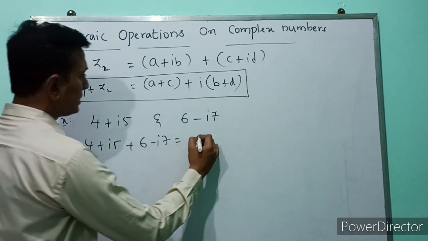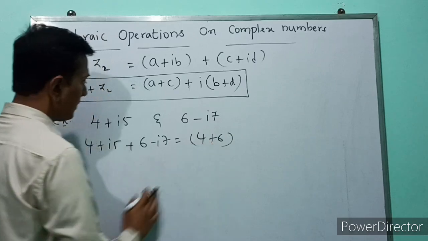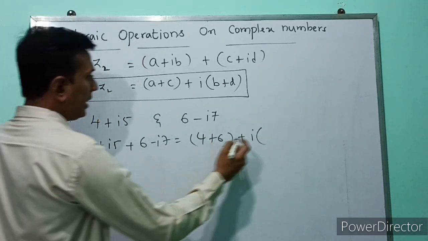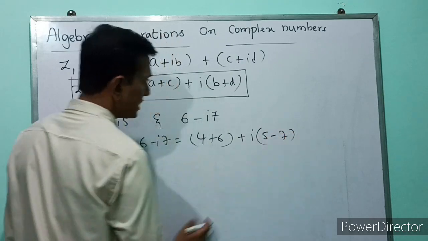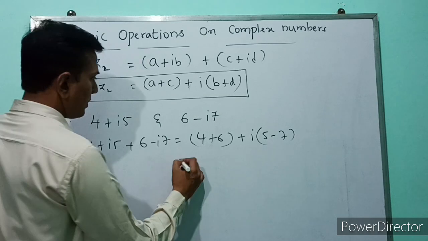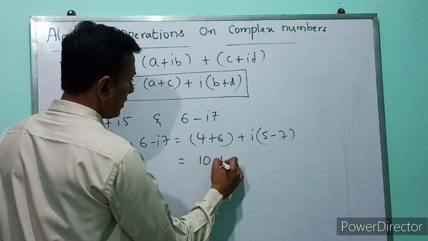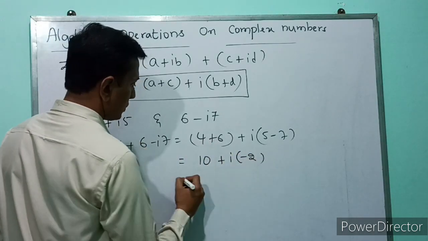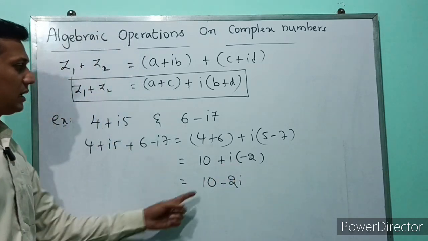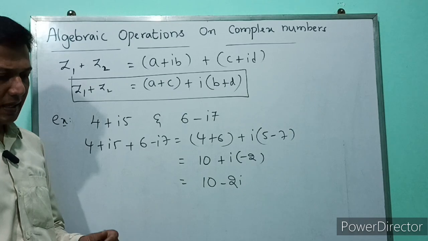The real parts are 4 plus 6. For the imaginary parts, i will be common, and 5 minus 7 will be the result, because 7 is negative here. So 4 plus 6 is 10, and 5 minus 7 is minus 2, so minus 2i. So 10 minus 2i will be the result.